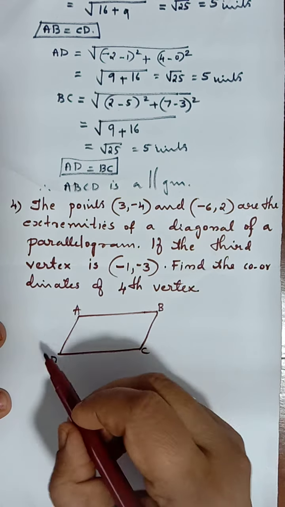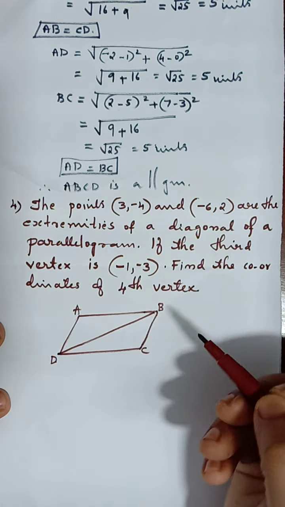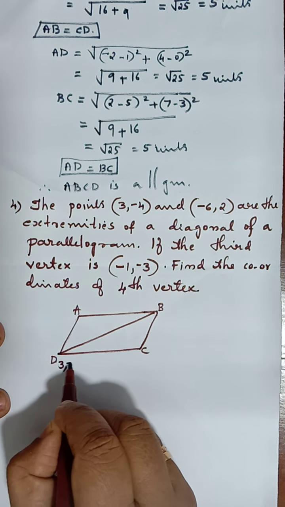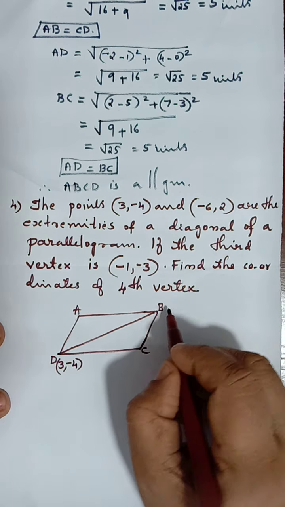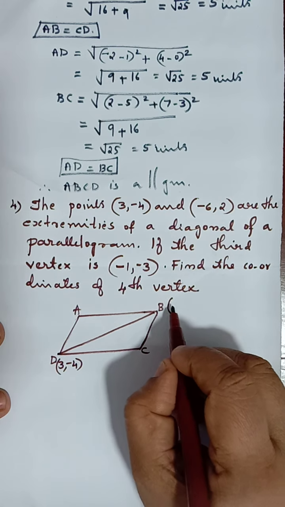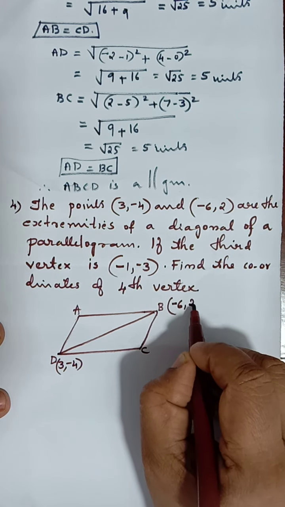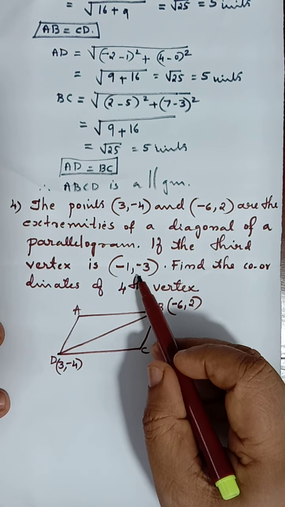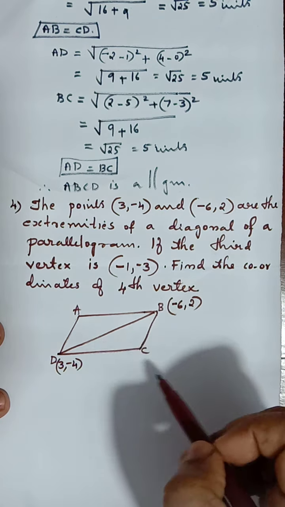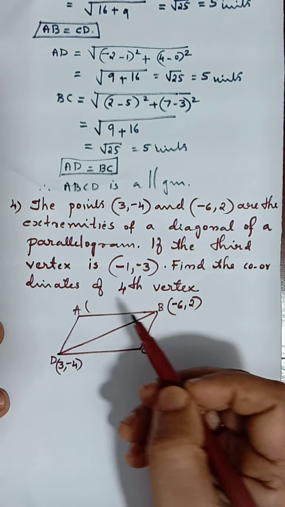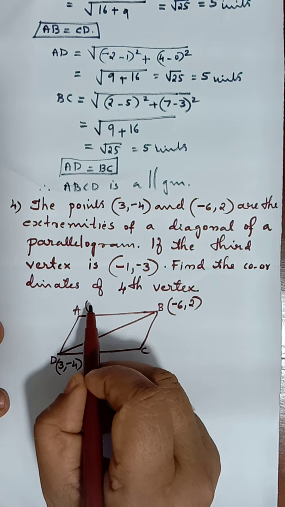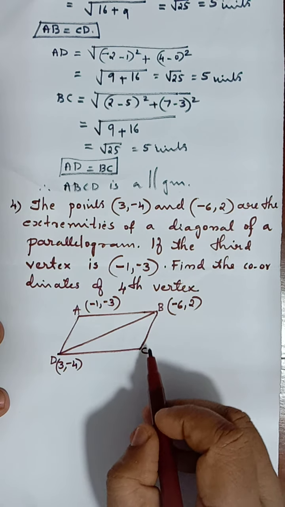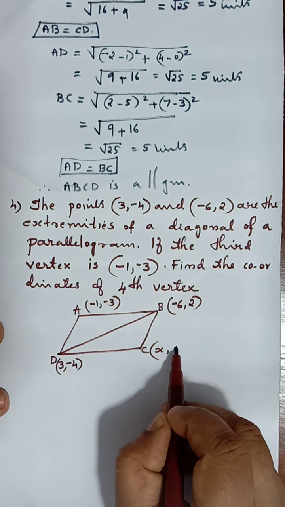So if we have a diagonal like this, BD, we can see the extremities 3, -4 and -6, 2 as the endpoints. This is how we can mark. The third vertex is -1, -3. Find the coordinates of the fourth vertex, which we will consider as x, y.